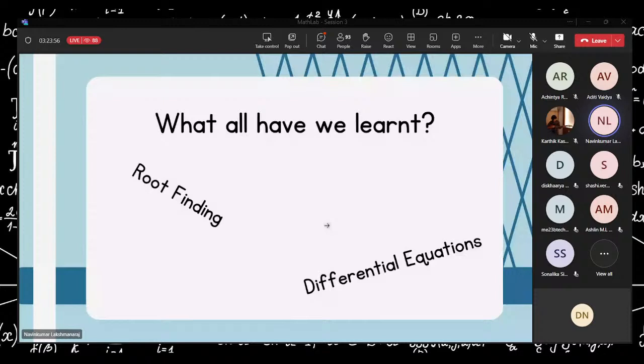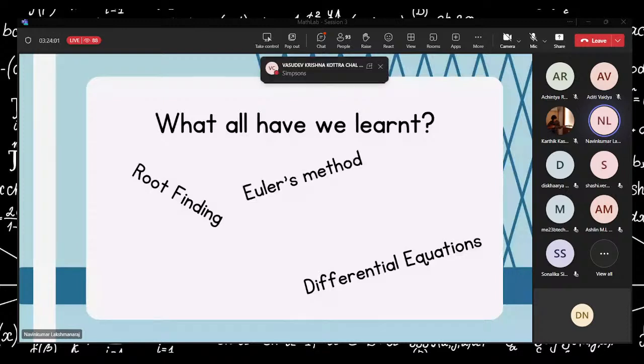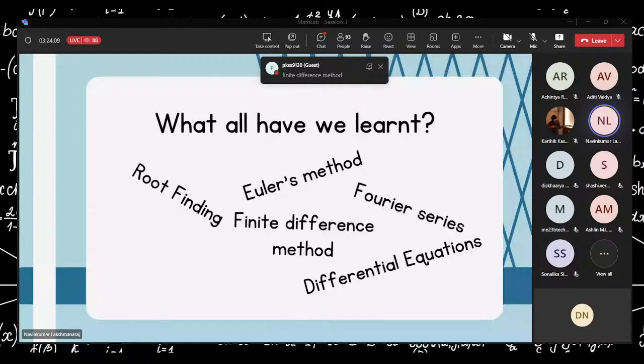Now, Euler's method can be used to solve ODEs, but to solve partial differential equations, PDEs, what we learned was the finite difference method. And after the finite difference method, this morning, after looking at some exponential solutions to differential equations, we started off with Fourier series.